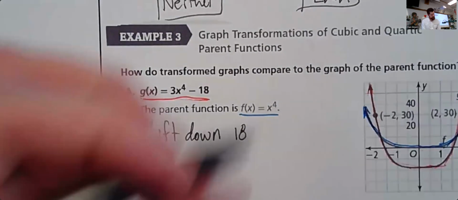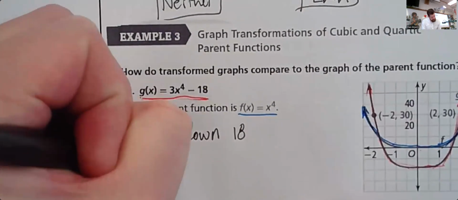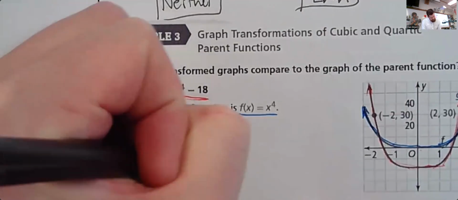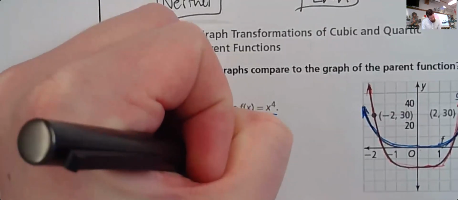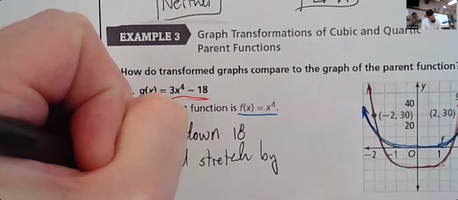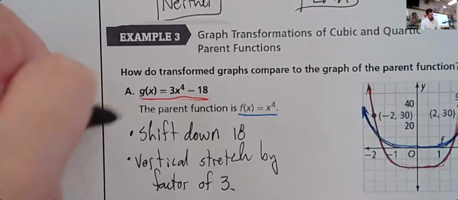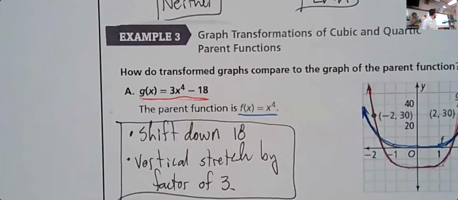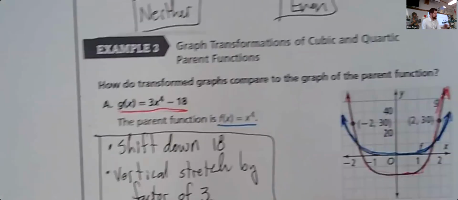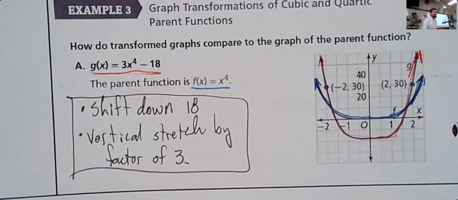So write that down. Hopefully this is review. Vertical stretch by a factor of 3. There we go. That's what's happening here. This is just like what we did back in chapters 1 and 2 with transformations.